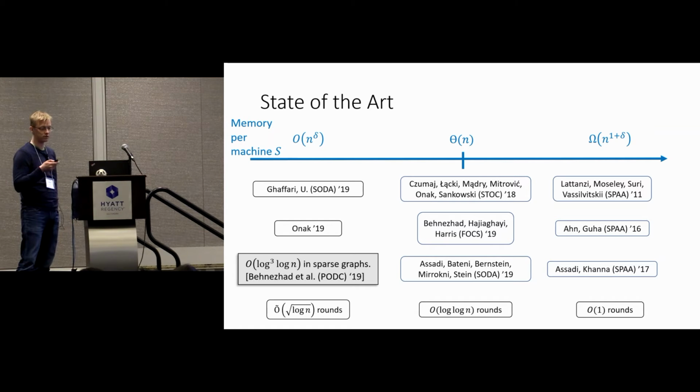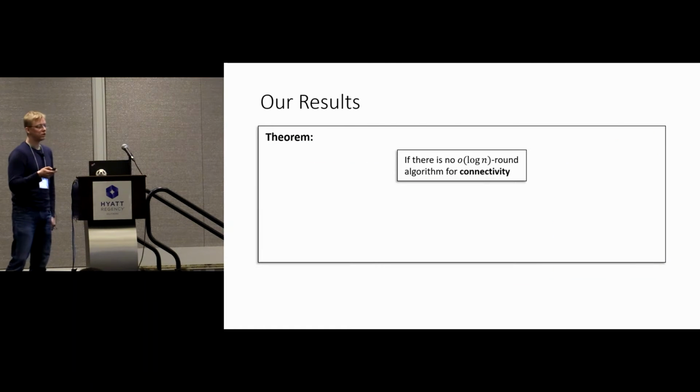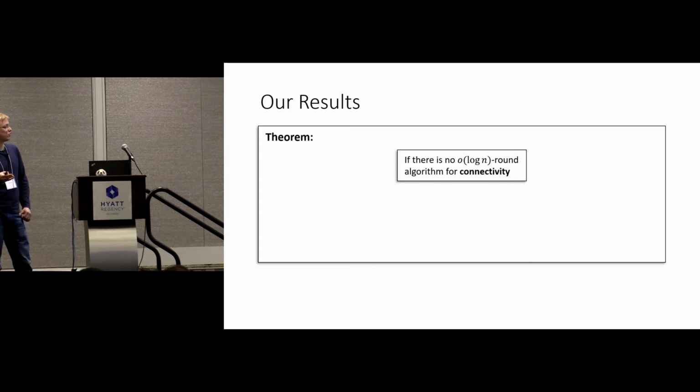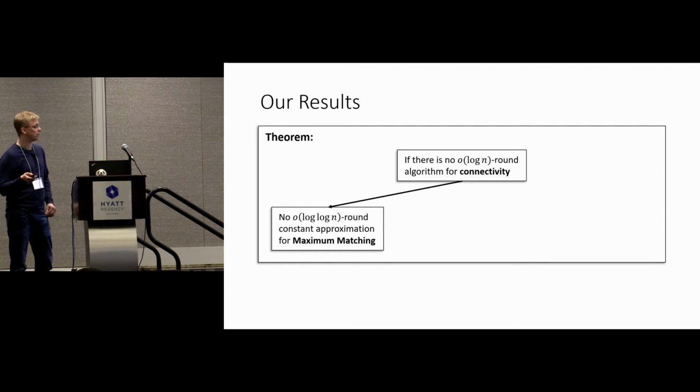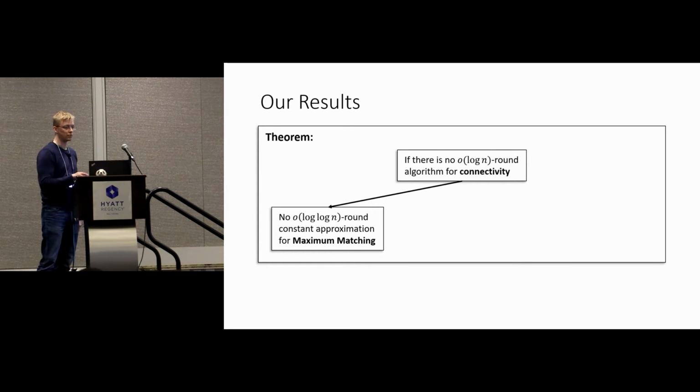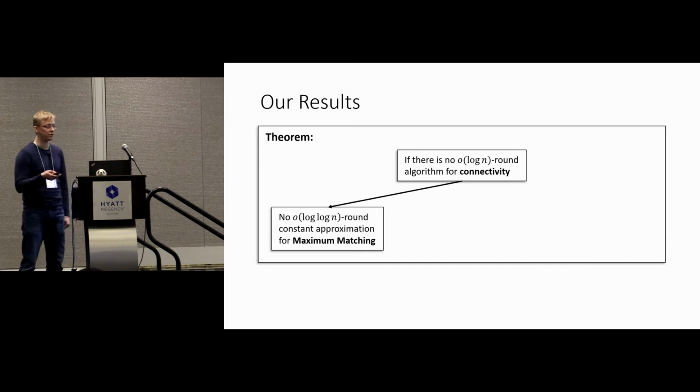So what we showed is that if we assume that there is no algorithm that works in sublogarithmic time for connectivity, then first of all, we get that you cannot solve this maximum matching approximation or maximal matching in log rounds. And just to show that it's not only this result we got, we could use our technique for other stuff as well.